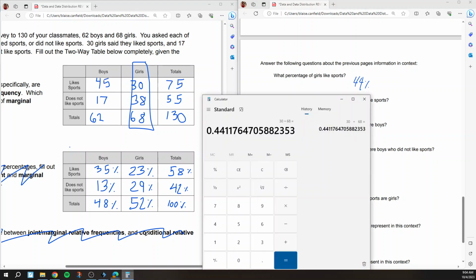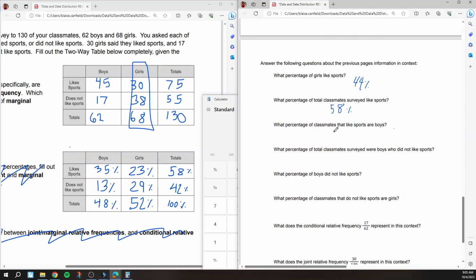So we do 45 out of 75. 0.6, which is 60%. But again, if you're ever blanking on these, just do times 100 and it'll tell you. So 60%. What percentage of total classmates surveyed were boys who did not like sports? Boys who did not like sports was these 17 here, and it said of total classmates. These were the totals that we did. So that 13% is what we had there.